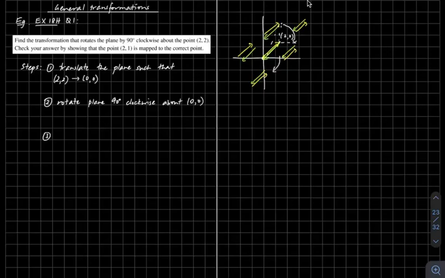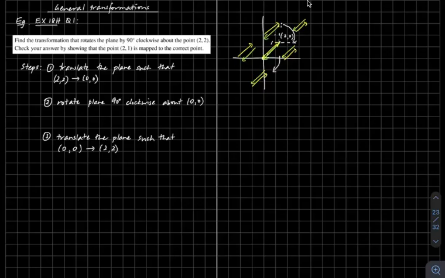And then the third thing is that we're going to translate the plane back to where it started. In other words, translate the plane such that the coordinate point (0, 0) goes back to (2, 2), and that will translate everything back to where it started.